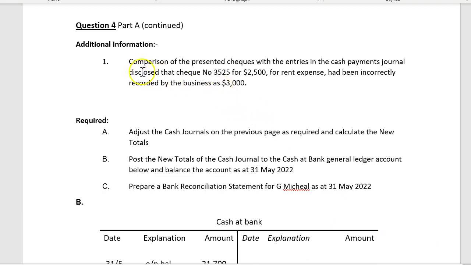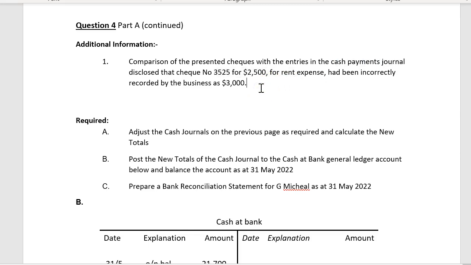Right, now it says number 1, comparison of the presented checks with the entries in the cash payments journal disclosed that check number 3525, $2,500 for rent expense, had been incorrectly recorded by the business as 3,000.